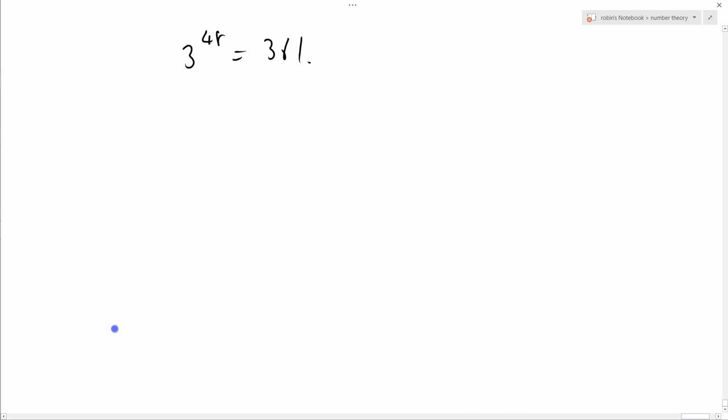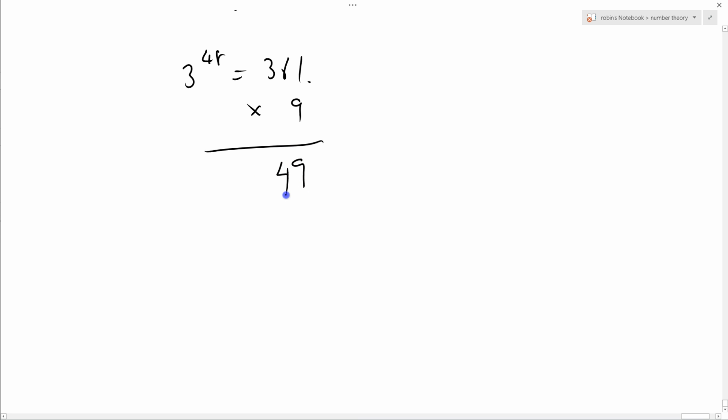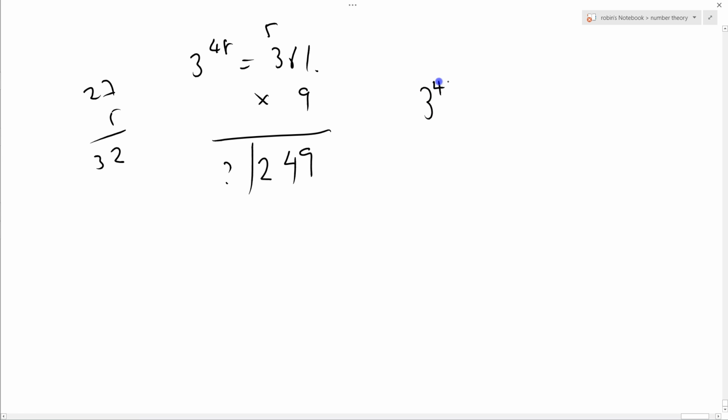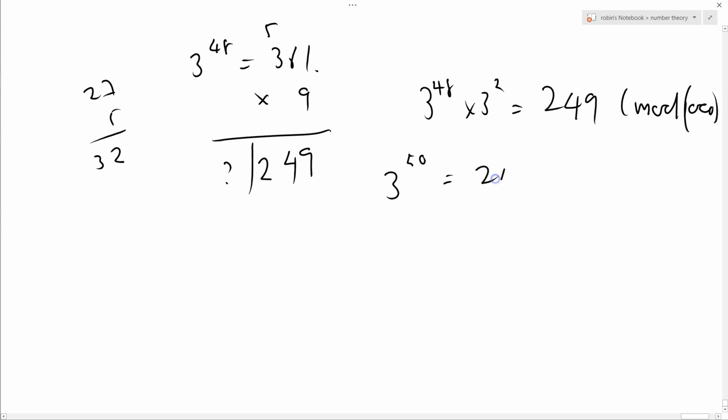So I need to multiply this one by 9. 6 nines are 54, 3 nines are 27, plus 5, 27 plus 5 is 32, 2, and then we don't care. So 3 to the power 48 times 3 squared equals 249 modulo 1000. So 3 to the power 50 equals 249 modulo 1000.